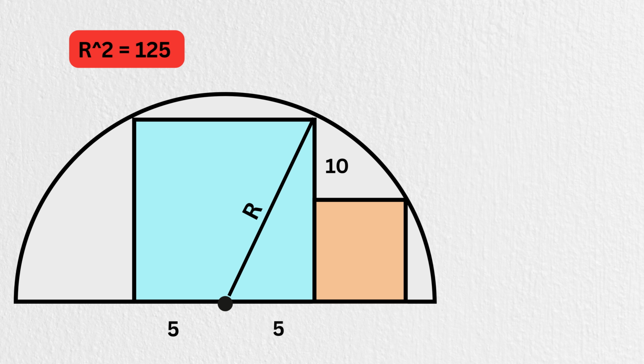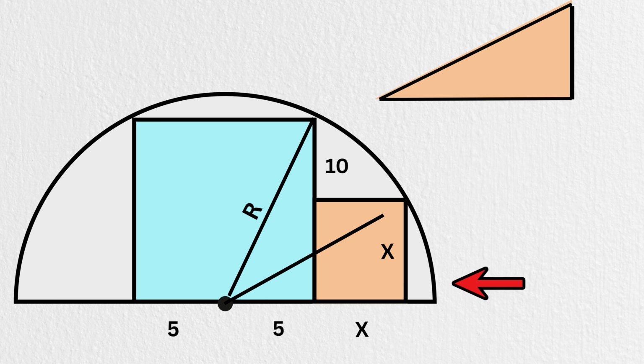Now let's consider the side of the small square as x units. Now as we focus, we get the triangle formed by the radius of the semicircle and the side of the small square. The height of this triangle is x, the base is x plus 5, and the hypotenuse is r.